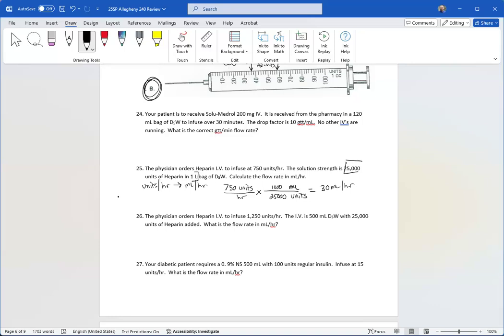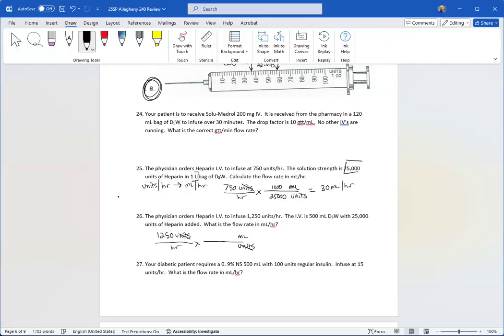Let's look at 26 too, just for extra practice. Again, I'm going to start with my initial infusion rate of 1250 units per hour. I'm going to multiply with the intent of getting rid of units and converting it to milliliters.